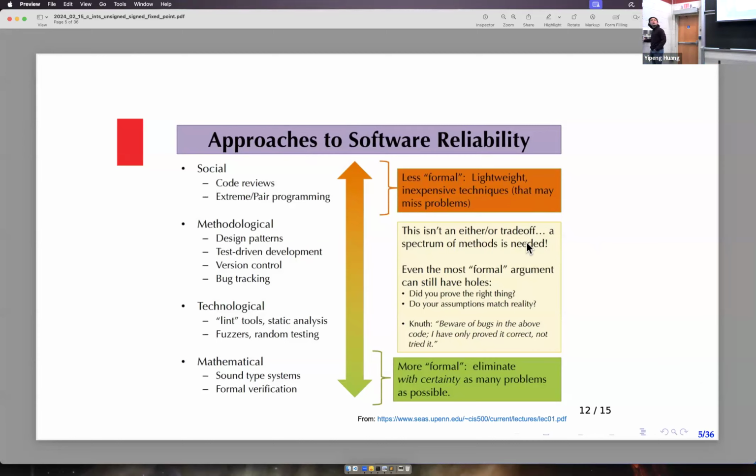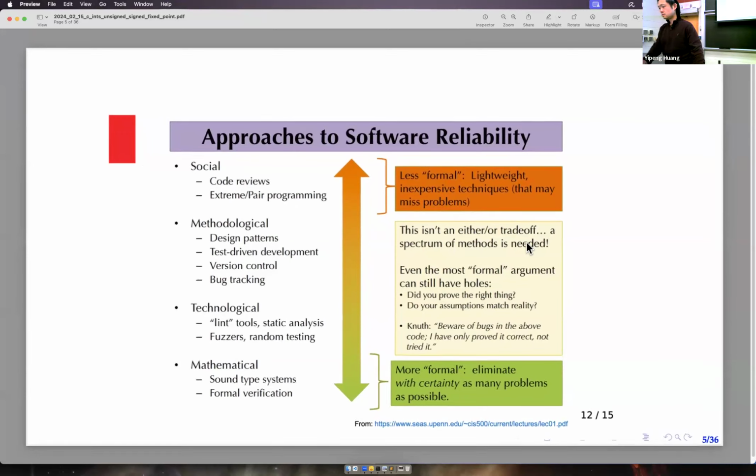So what are practices that we use in this class that you identify with what's being shown on the slide? Yeah. Compiler flags.